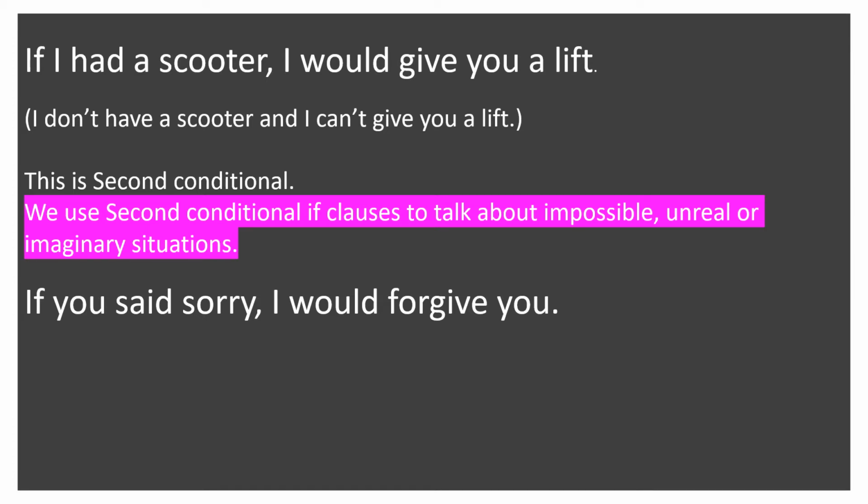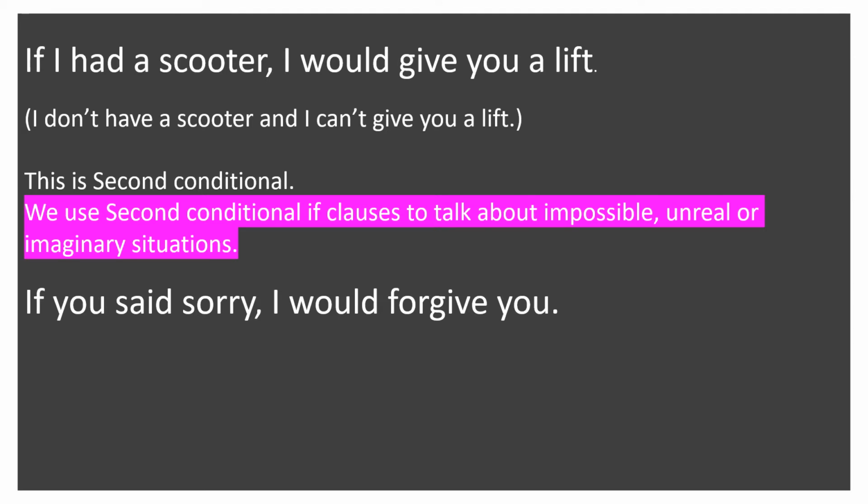So, this is also a second conditional sentence. And we have learned second conditional sentences are used to express unreal or imaginary situations. So here, the second person saying sorry is just imaginary and he's forgiving also.